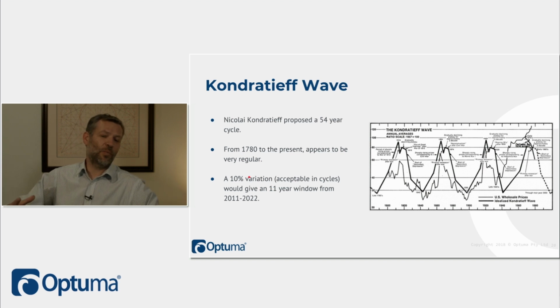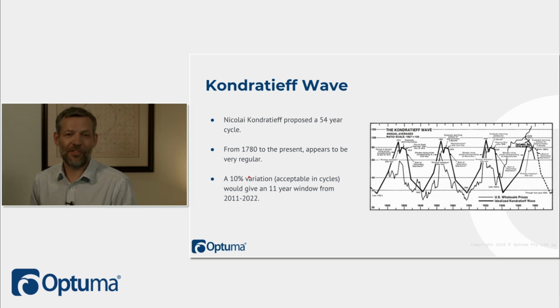When we talk about cycles, a 10% variation is completely acceptable. That doesn't negate the cycle. When you're talking about a 54-year cycle, a 10% variation is an 11-year window. And so for this low here, we could expect anywhere from 2011 through to 2022.